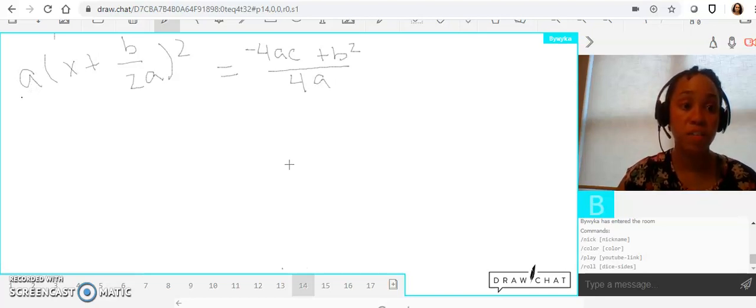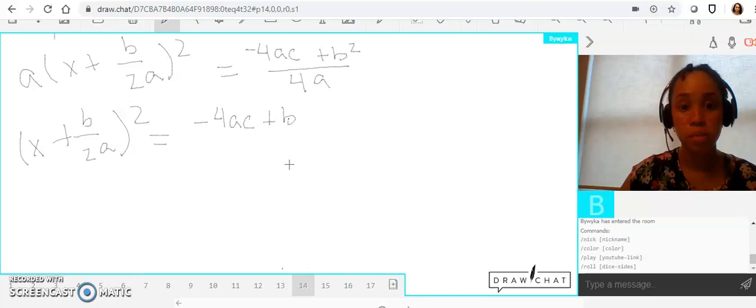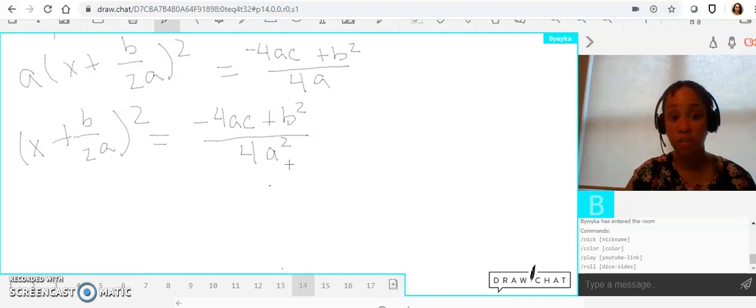So I need to divide everything by a. So divide this side by a and divide this side by a. When I do that, I get (x plus b over 2a) squared equals (negative 4ac plus b squared) all over 4a squared, because I divided by that a. So that a comes in the denominator. That a times a gives me a squared.